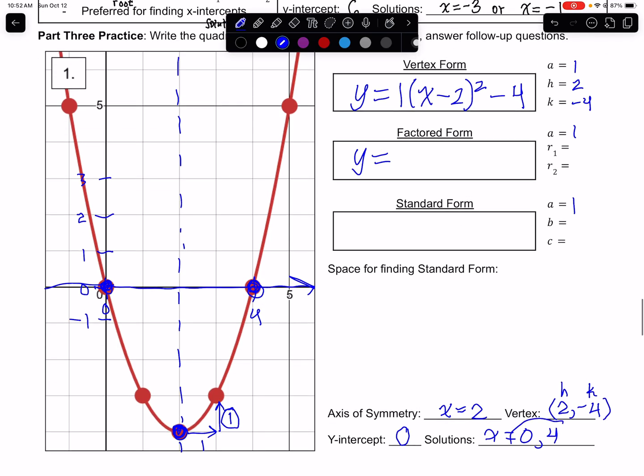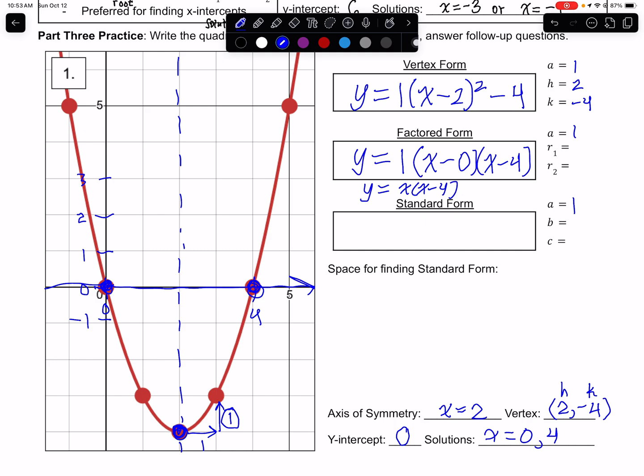So we have 0 and 4. So it's going to be x minus 0 and x minus 4 with a right here. But you could even write that even more simply by just saying this. Okay.